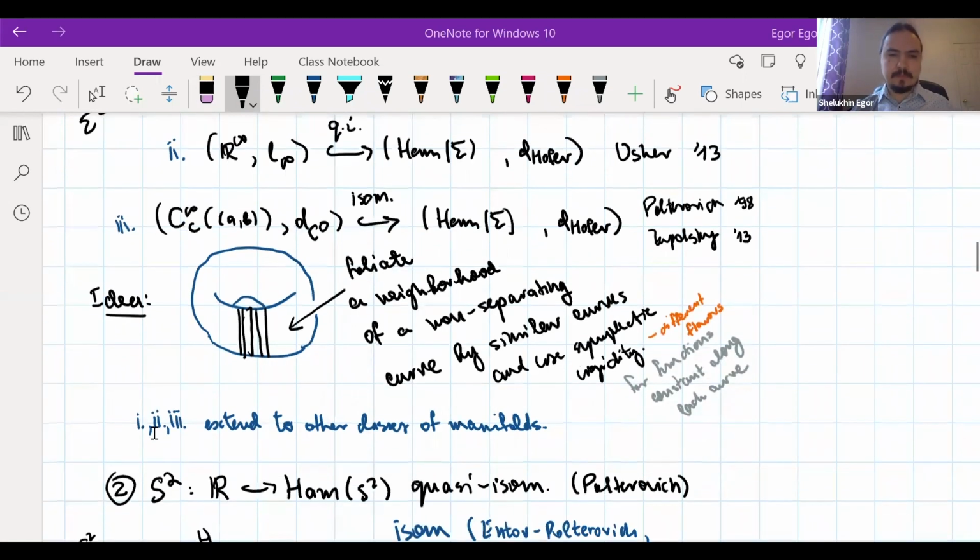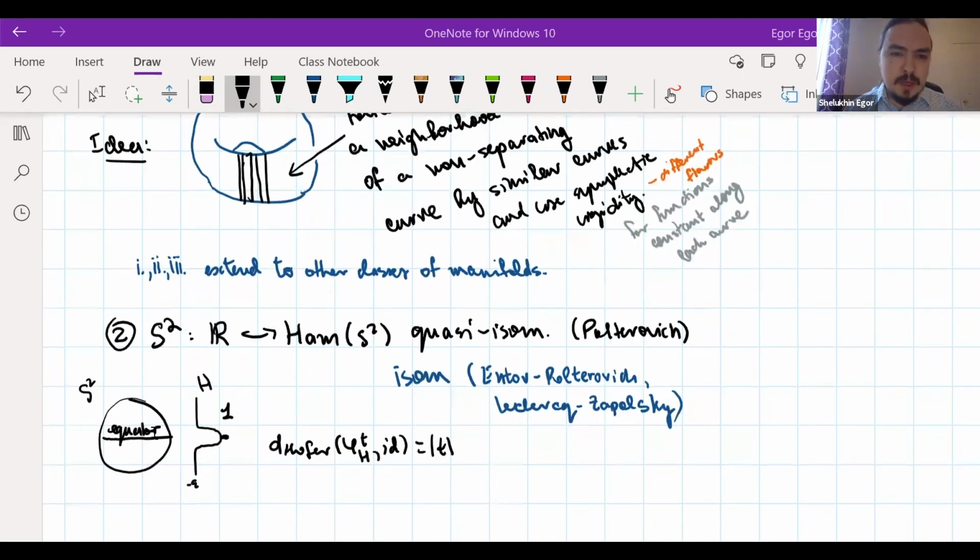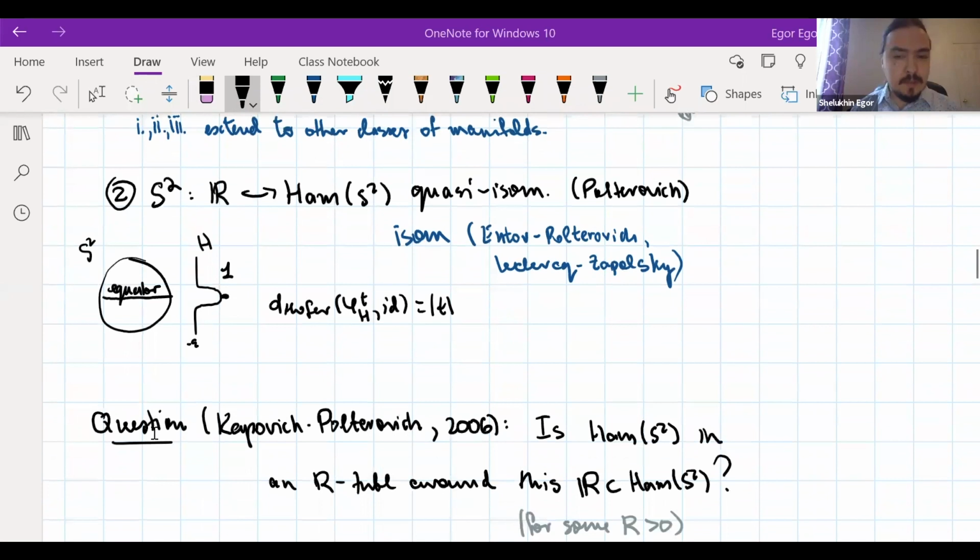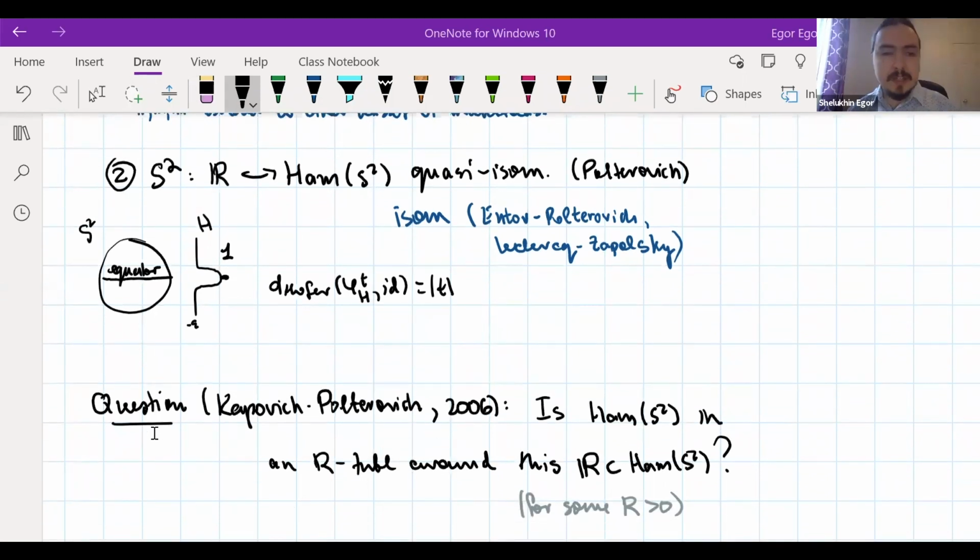However, for S2, except for the quasi-isometric embedding of R into Ham of S2, that follows from Leonid's 98 paper, not much was known until recently.